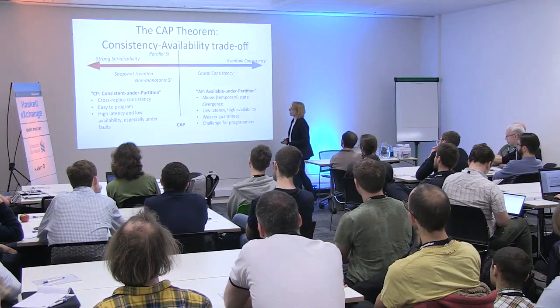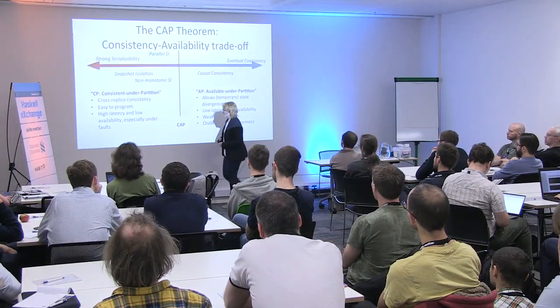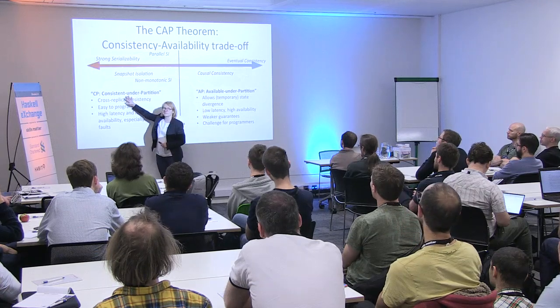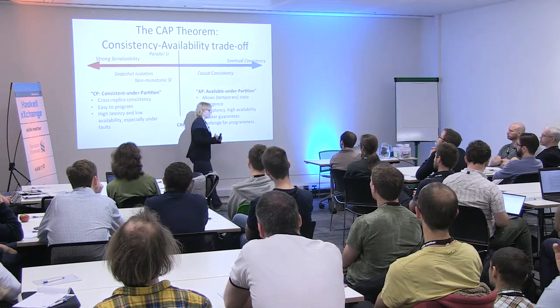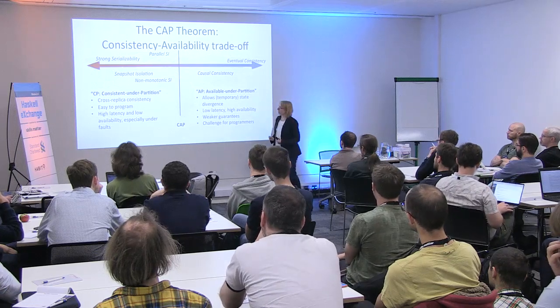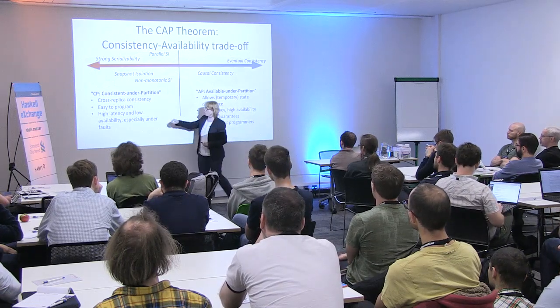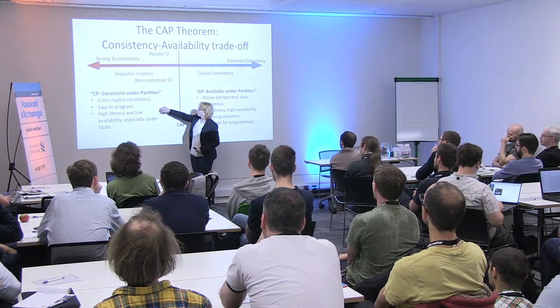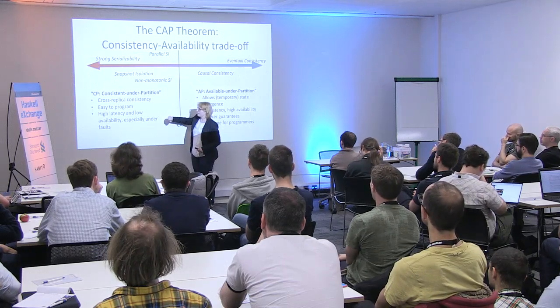Now, some people value consistency a lot, so they don't want people to see diverging state. What you're going to guarantee is across all replicas, wherever you are accessing your data, you will get exactly the same result.